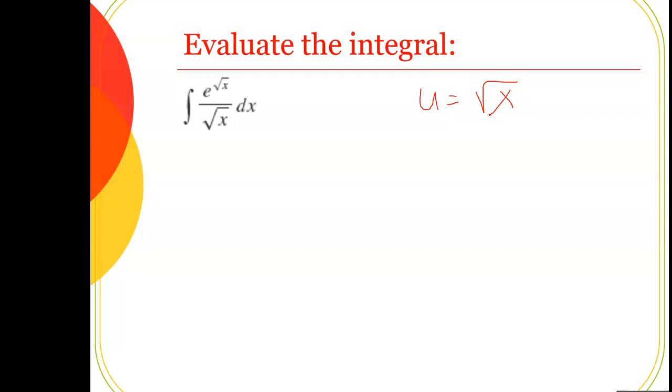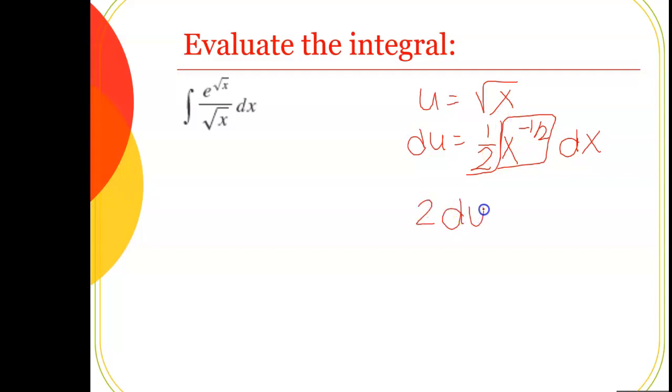What makes this problem really nice is that e to the u is our square root. The derivative of the square root of x is 1/2 x to the negative 1/2 dx. But anything raised to a negative exponent drops down to the denominator. What I don't see in my problem is the 1/2, so I'm going to multiply that into the du.